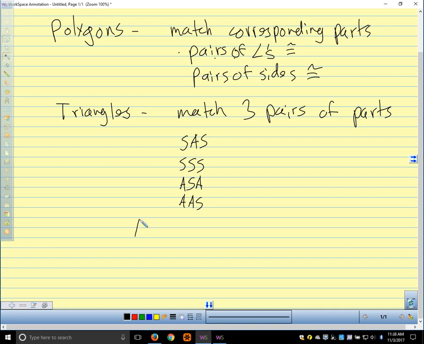We said that angle, angle, angle does not work. So that's a way we can match up 3 pairs of parts, but it doesn't work. We can't show triangles are congruent with angle, angle, angle. We also, and I'm going to say today, that the other way that we can match up 3 pairs of parts, SSA, does not work.